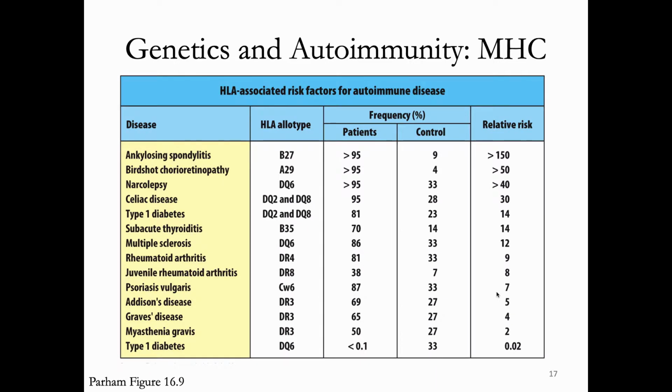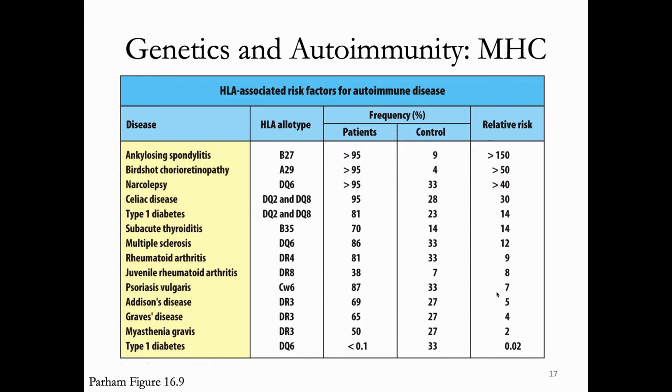And so, in fact, there are major genetic linkages to specific MHC types with autoimmunity. That kind of makes sense because you can imagine that you would need to have a specific MHC molecule to present the problematic self-peptide or the self-antigen that's cross-reactive or whatever. You'd need to have the right MHC type.